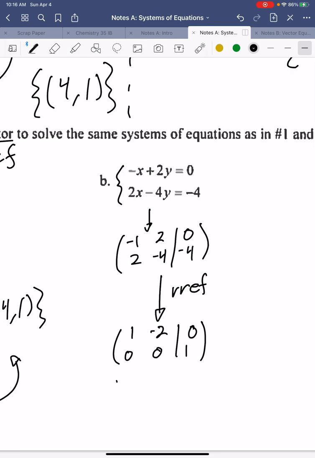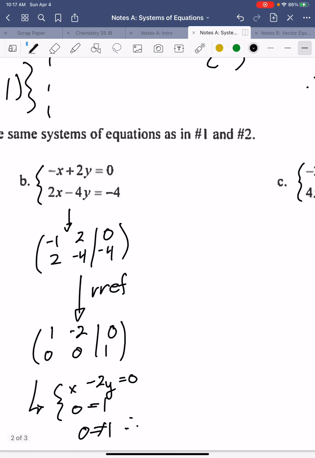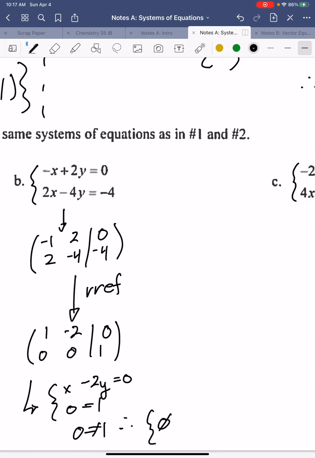So, turning it back into a system, we have x minus 2y equals 0, and then we have 0 equals 1. 0 doesn't equal 1, therefore, no solutions.